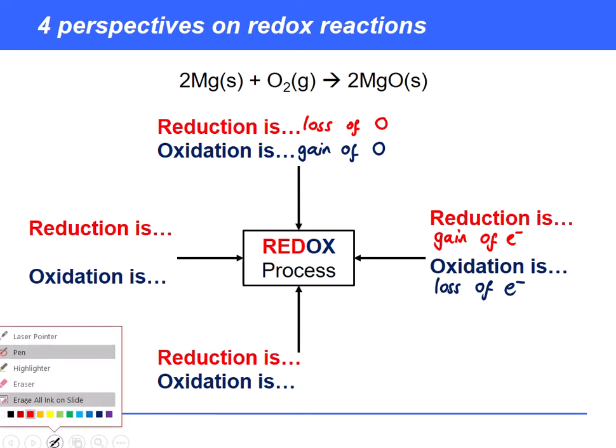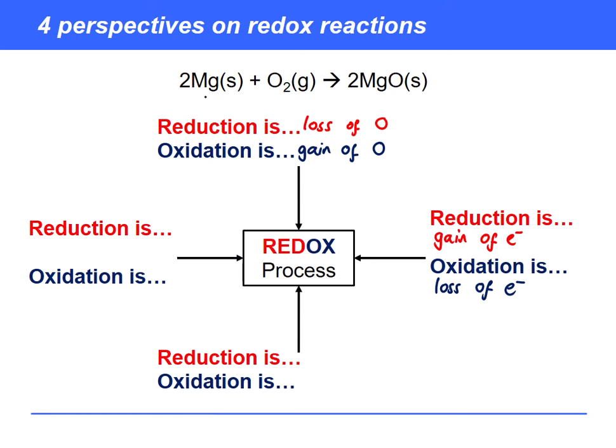And you're going to have to refer back to previous videos for this. But if we assign oxidation numbers here, we find that magnesium has 0 oxidation number as an element. It then increases to +2, whereas oxygen starts off as 0 like any element and then ends up as -2. And so you can see here that oxygen has decreased in oxidation number.